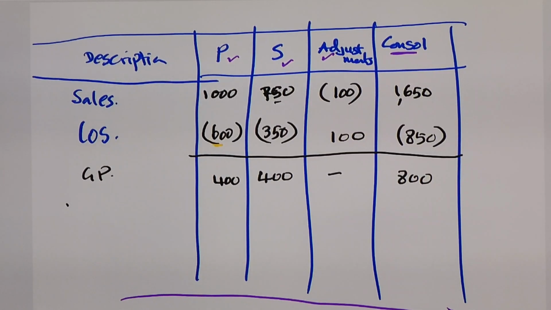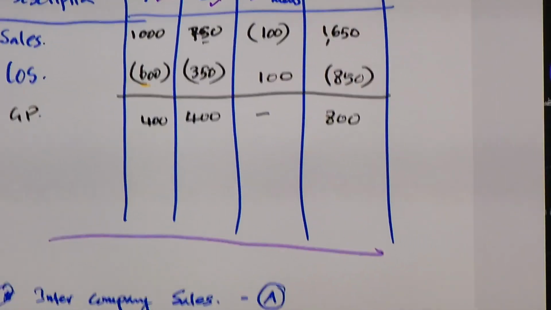Now sometimes the subsidiary may pay dividends. When the subsidiary pays dividends, the parent will receive dividends. According to IAS 1, when a company pays dividends, are we showing it as an expense or as part of an equity adjustment?